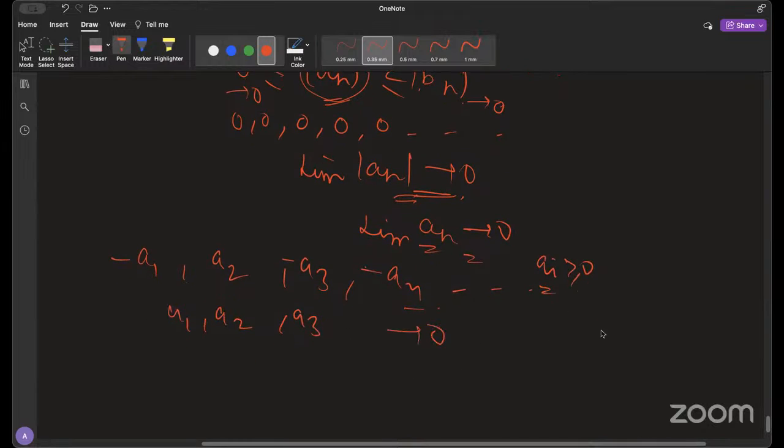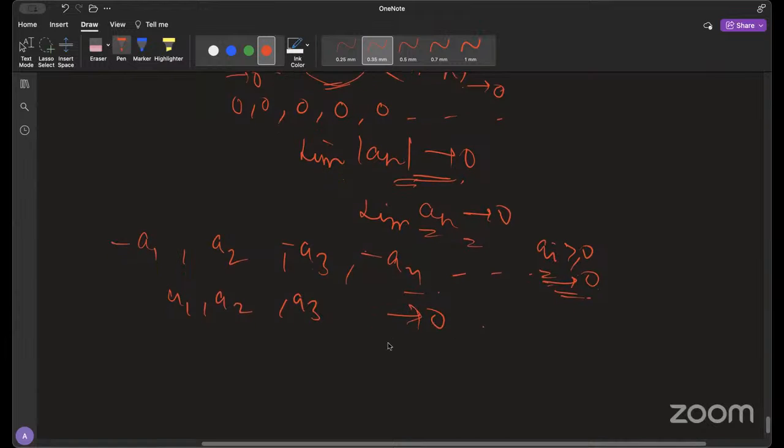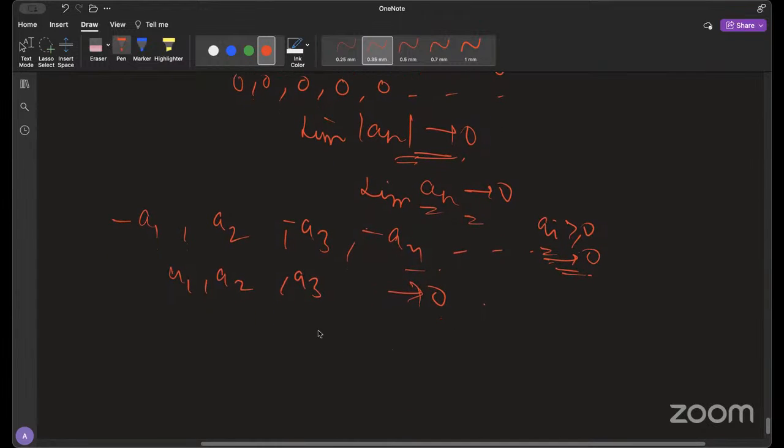This thing is convergent to 0. Then can I say that this converges to 0 too? We can say obviously. When this thing tends to 0, this happens if and only if the mod tends to 0. That means if this is tending to 0, your an is going to tend to 0. I don't have to write it.